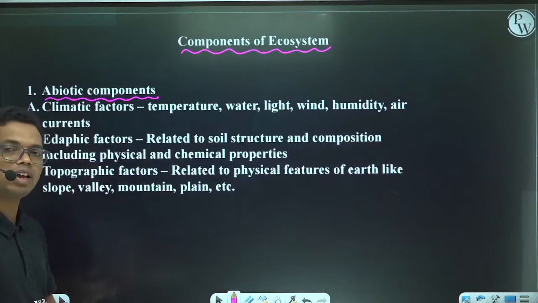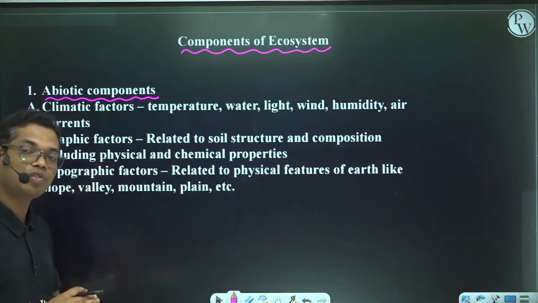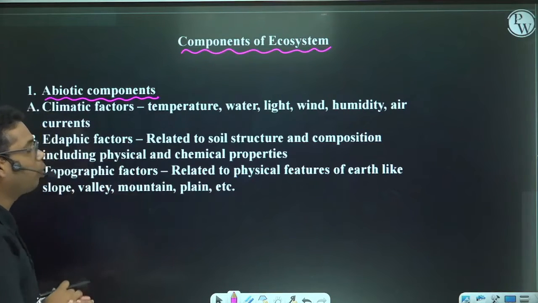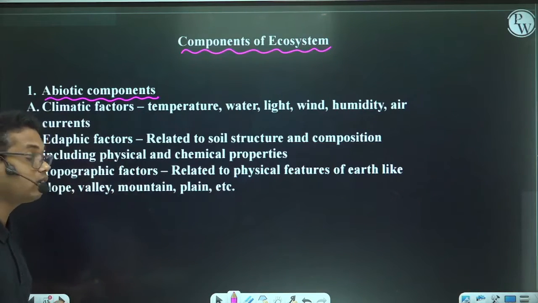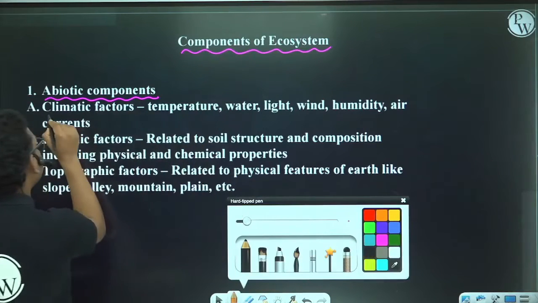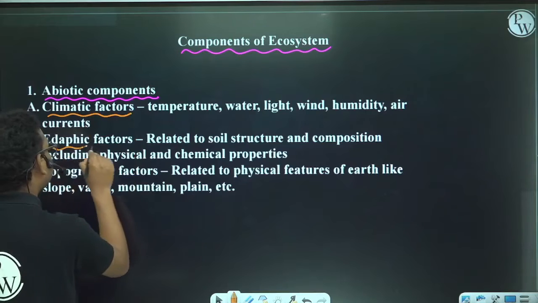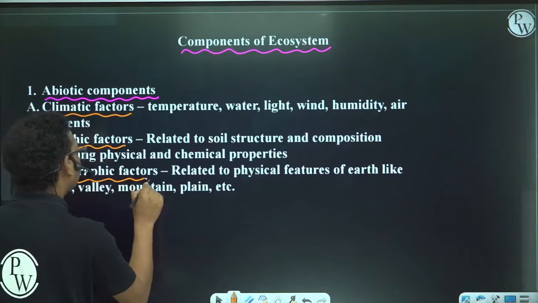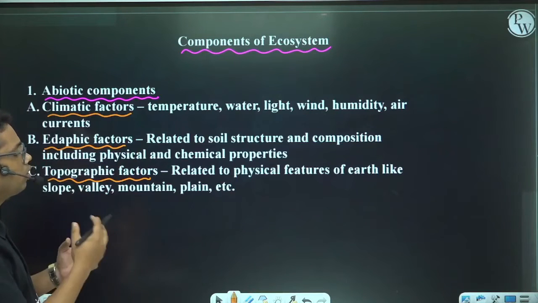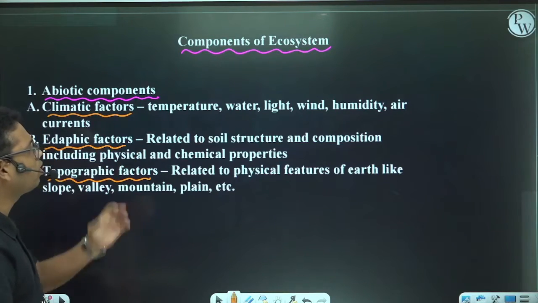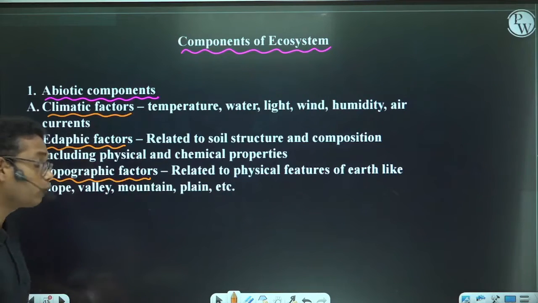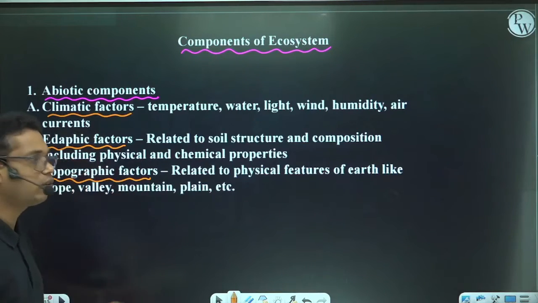So what do you mean by abiotic component? Any component of ecosystem which is non-living will be abiotic component. The abiotic components can further be classified into climatic factors, edaphic factors, or topographic factors. The climatic factors include temperature, water, light, wind, humidity, air currents, etc. The edaphic factors are related to soil.